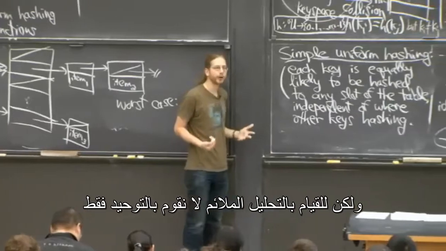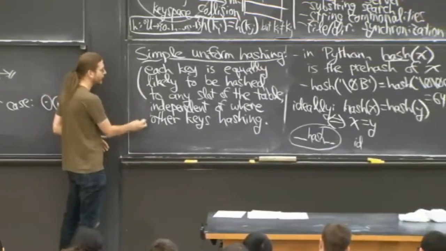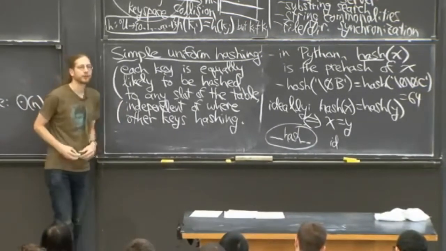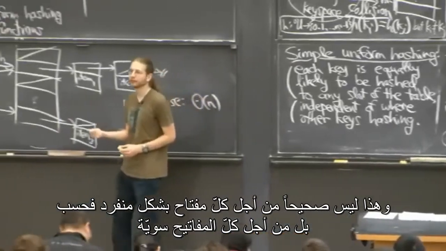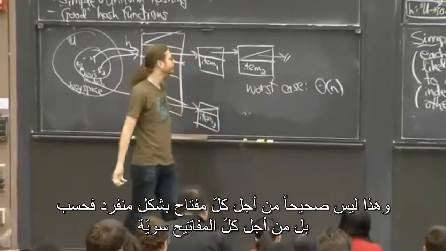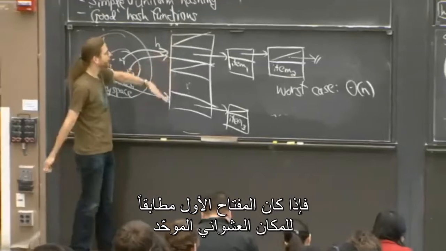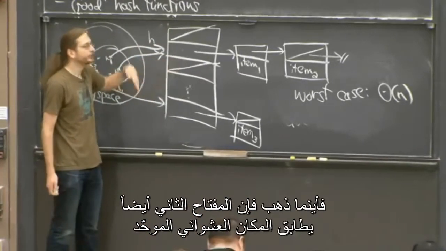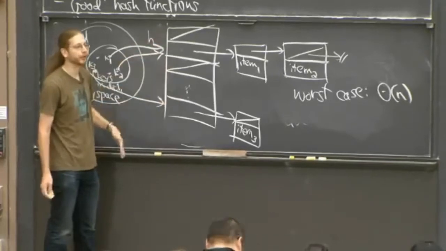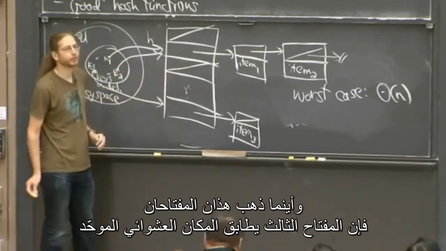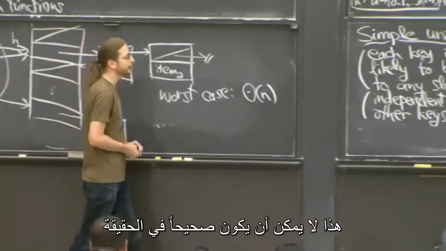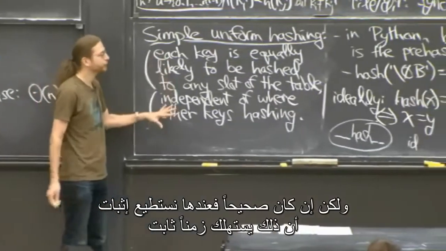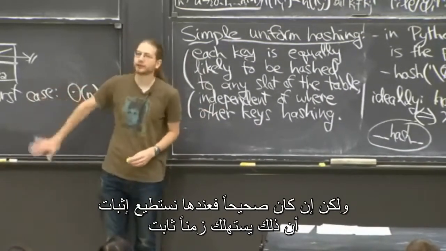But to do proper analysis, not only do we need uniformity, we also need independence. So not only is this true for each key individually, but it's true for all the keys together. So if key 1 maps to a uniform random place, no matter where it goes, key 2 also maps to a uniform random place. And no matter where those two go, key 3 maps to a uniform random place. This really can't be true. But if it's true, we can prove that this takes constant time.